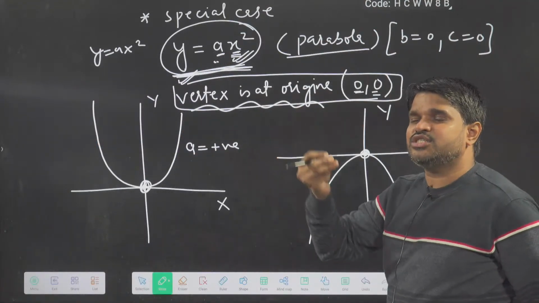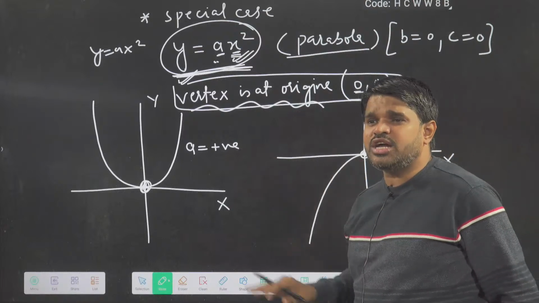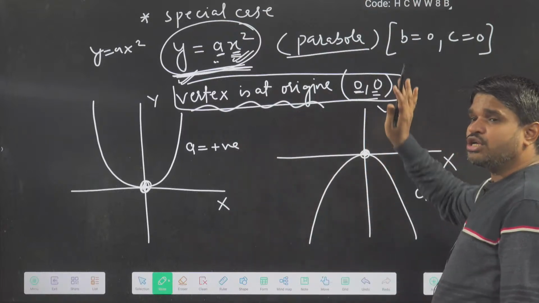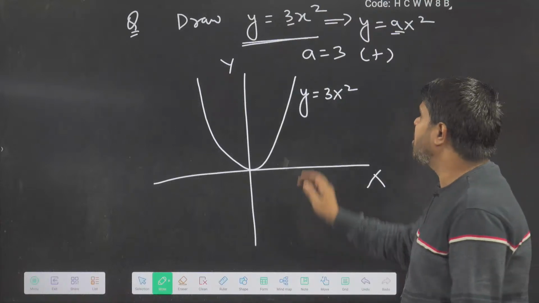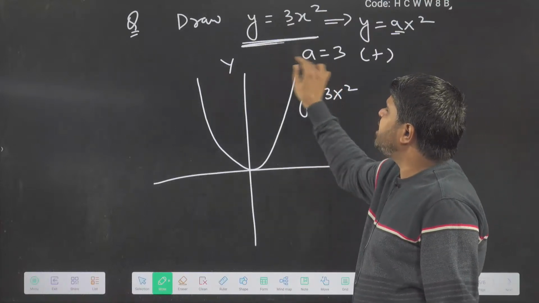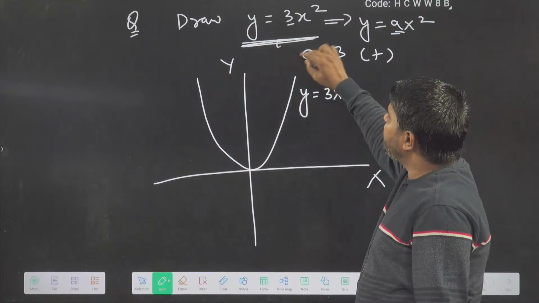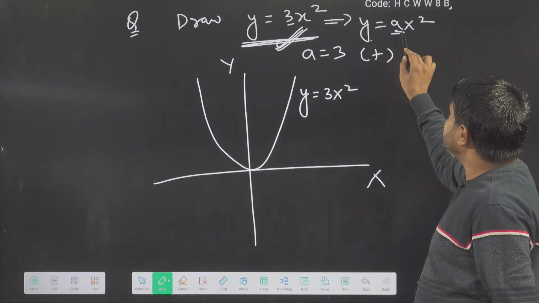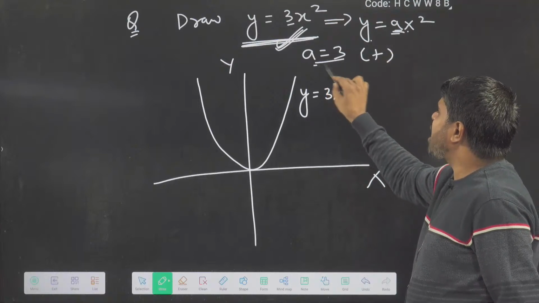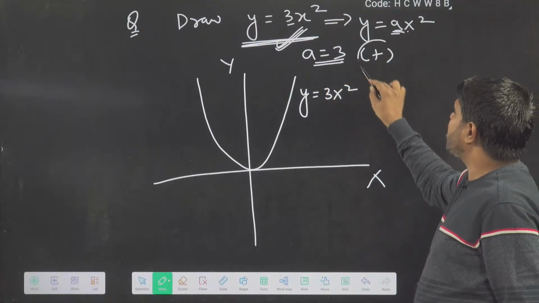After that, I discussed the questions where the video got stuck, so let me rediscuss it. After this theory, I discussed this question: y equals 3x squared. Comparing y equals 3x squared with y equals ax squared, a is 3, which is positive.